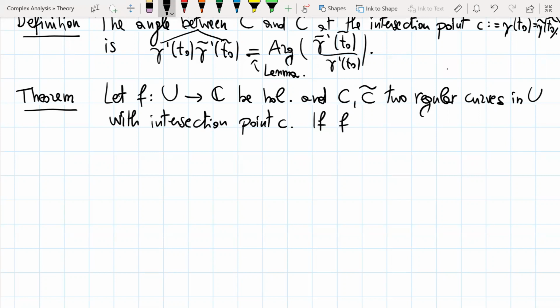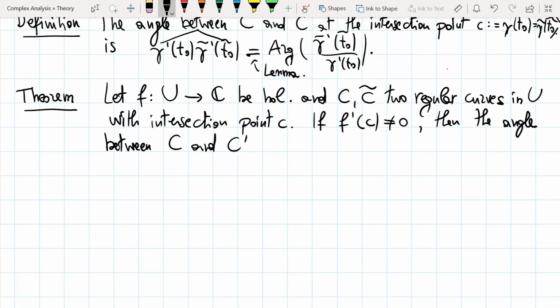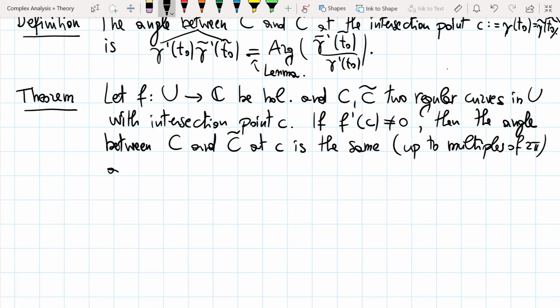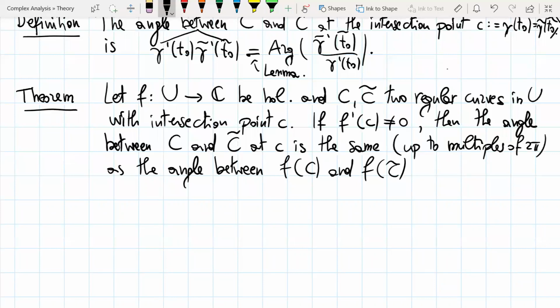Then if f prime(c) is different from 0, so this is an important assumption, if the derivative of f at the point c is different from 0, then the angle between C and C tilde at c is the same, obviously up to multiples of 2 pi, as the angle between f(C) and f(C tilde) at the image point f(c).